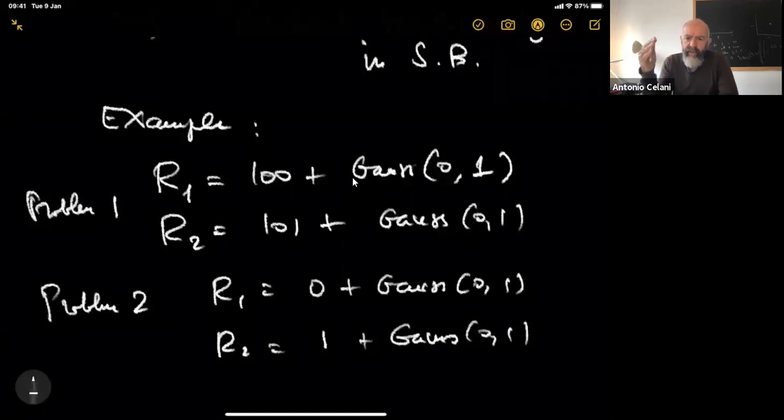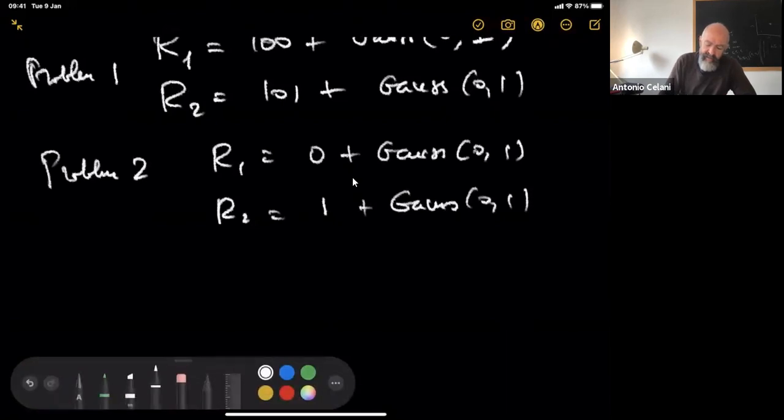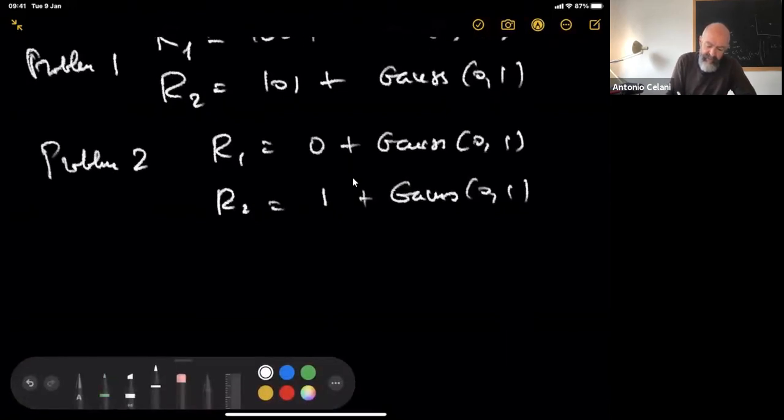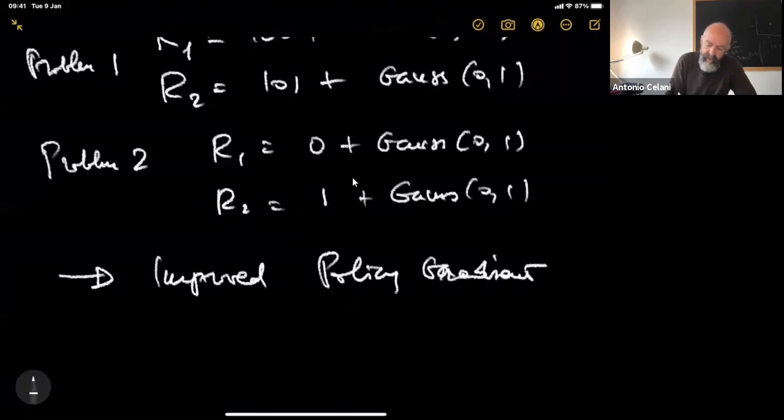So the solution to this problem is actually quite simple, okay? Because what you have to realize is that you can actually write down an improved policy gradient with the use of a baseline.